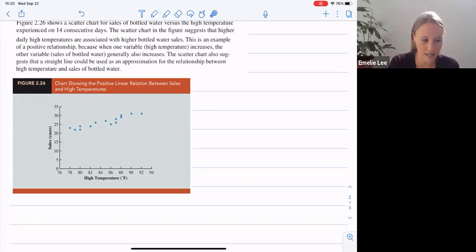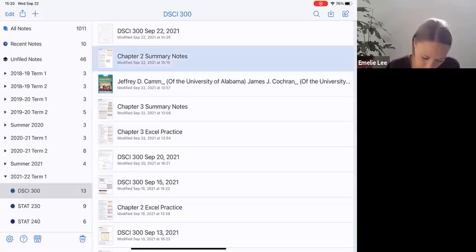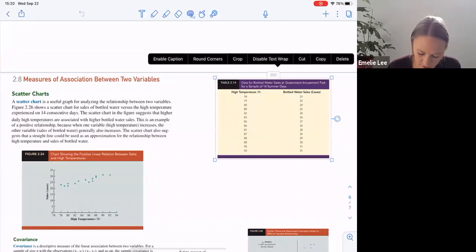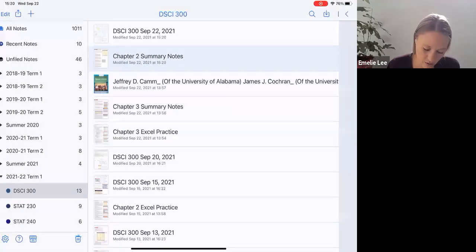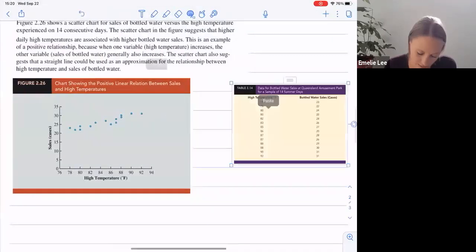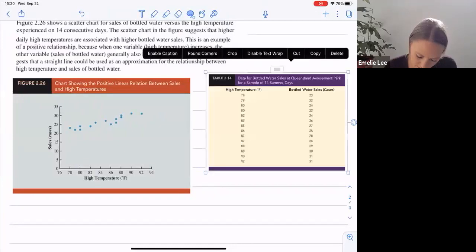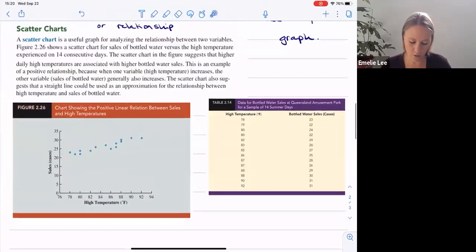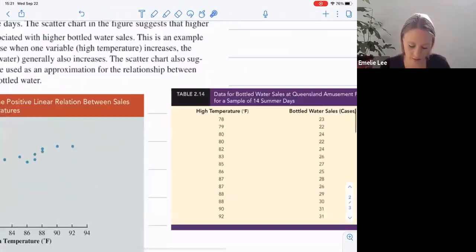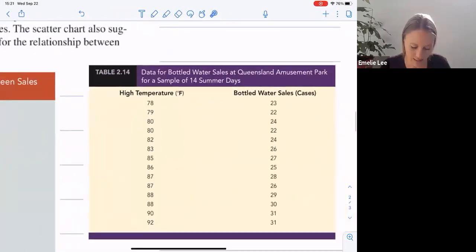So in terms of the data here, just so we are able to start to recognize what our data looks like versus what the data that they had looked like. The data we're looking at right now is the data for bottled water sales at Queensland Amusement Park for a sample of 14 summer days.